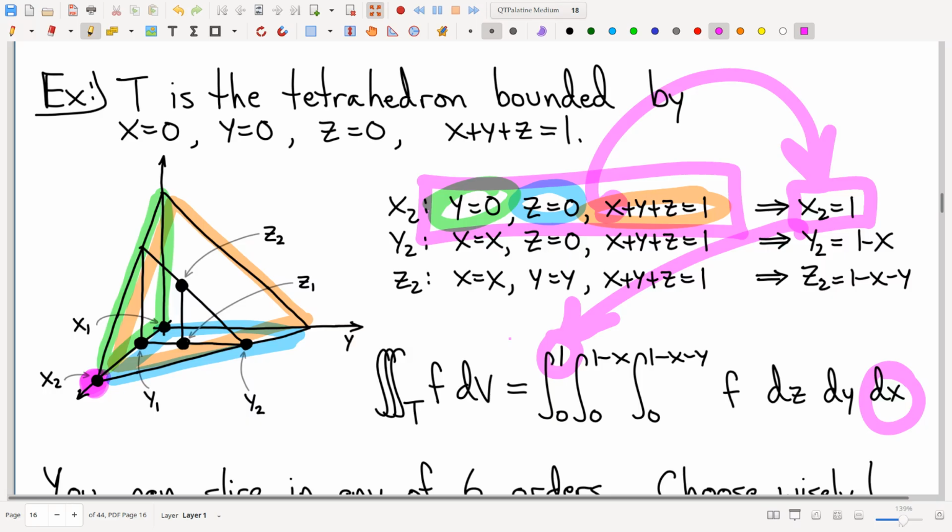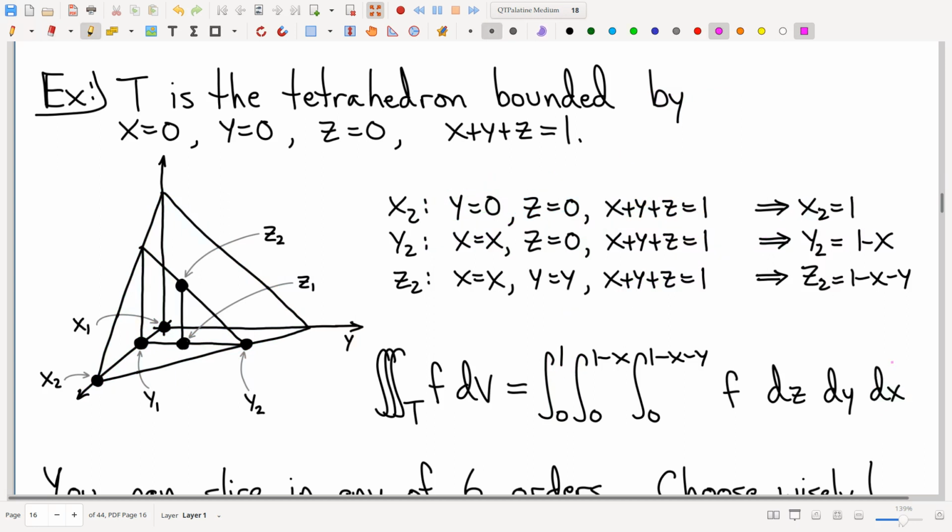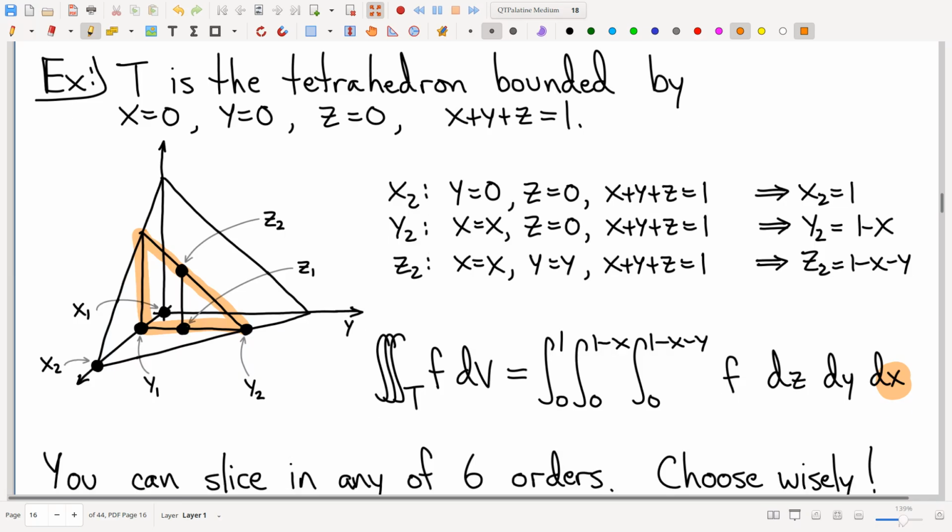Okay. All right. Now let's move it along to the y bounds. First, of course, we've got to fix a value of x. So we're now going to restrict our attention to a single x slice. And looking only at that x slice, let's think about y.